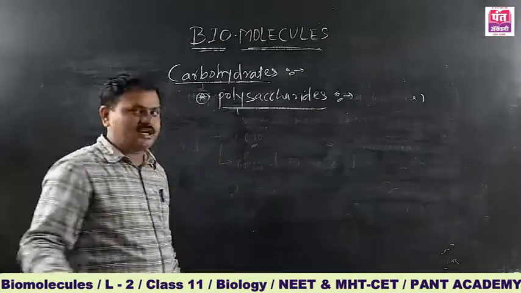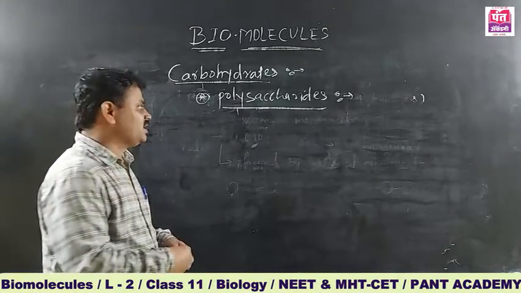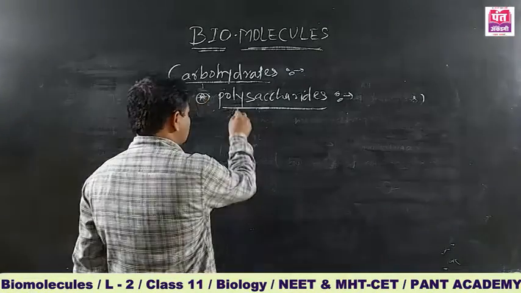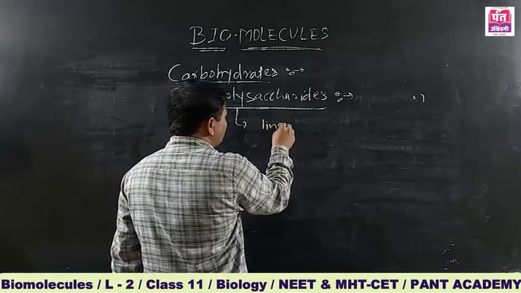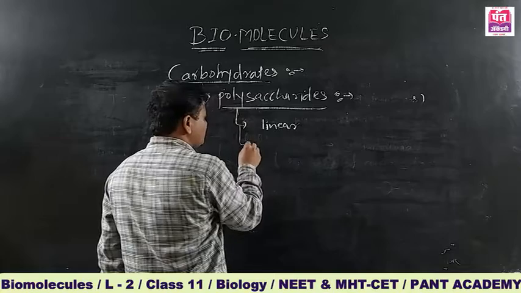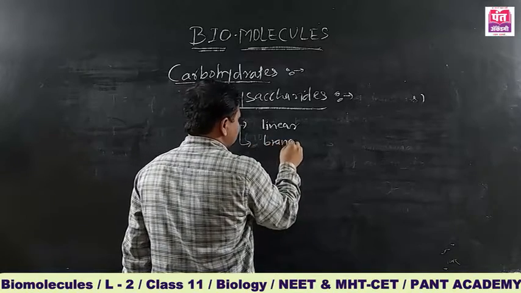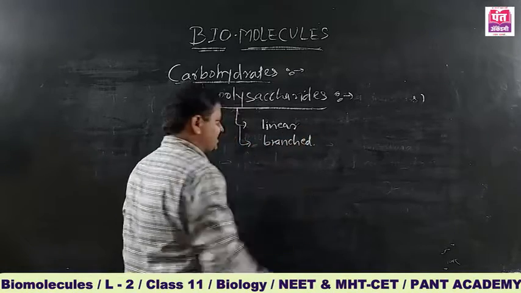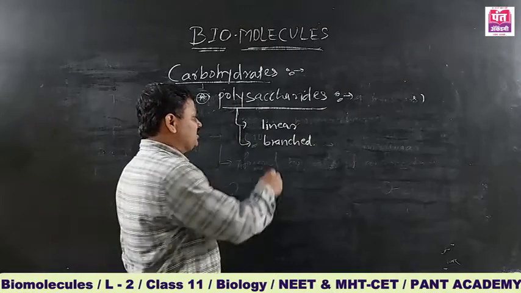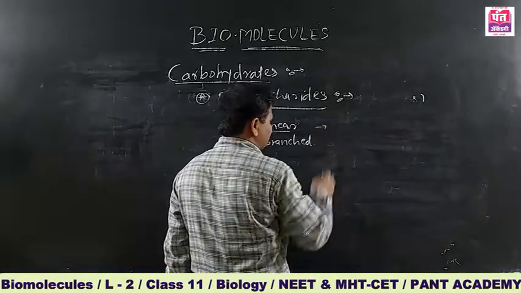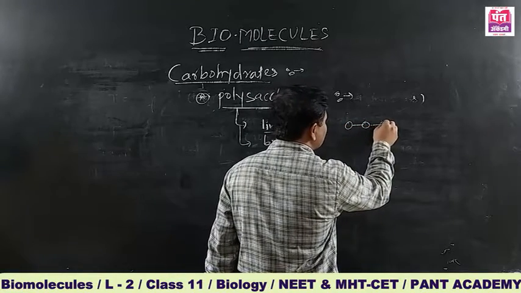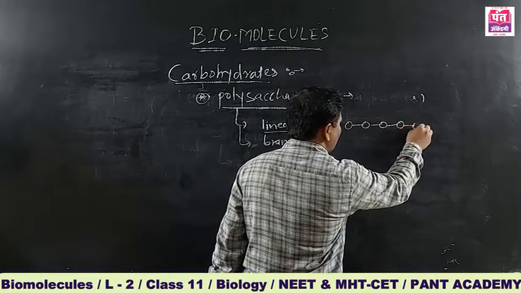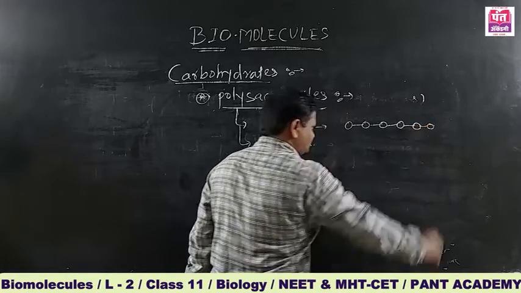These polysaccharides contain different kinds of monosaccharides or the same type of monosaccharides as well, and depending on the nature of the linkage, there may be linear polysaccharides or branched polysaccharides. In linear polysaccharides, the monosaccharides are joined in a linear fashion, one next to the other.